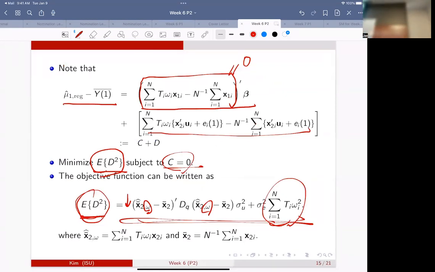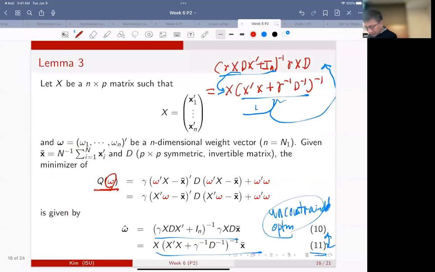That actually has this lemma. So we have this problem, and that turns out to have some kind of a ridge type solution, right?